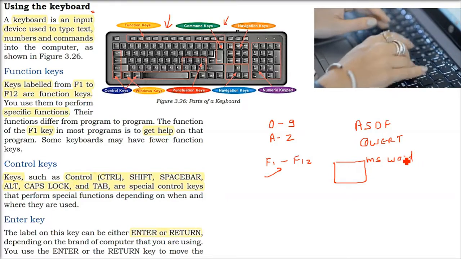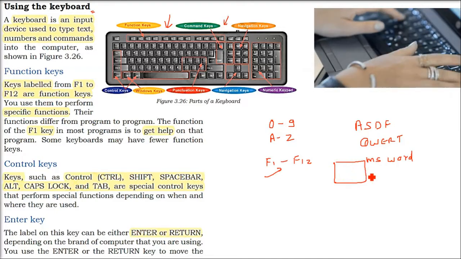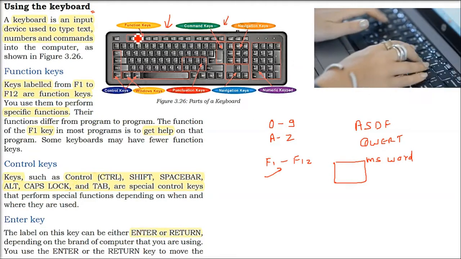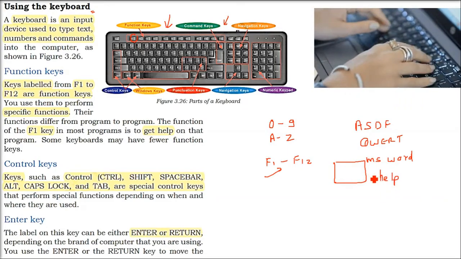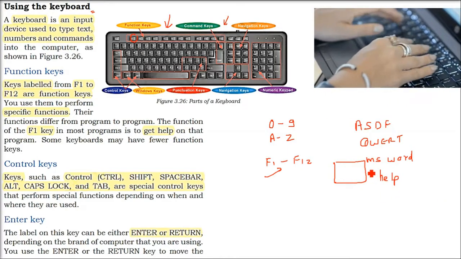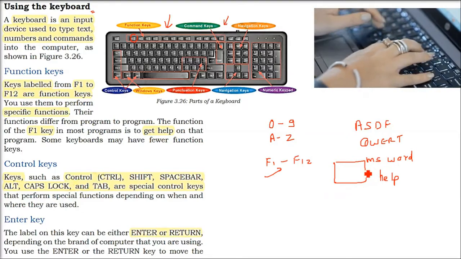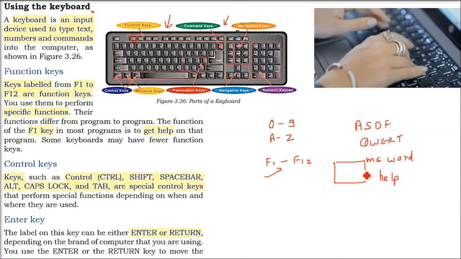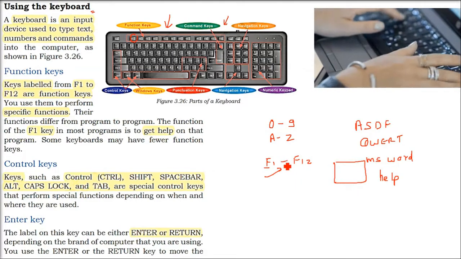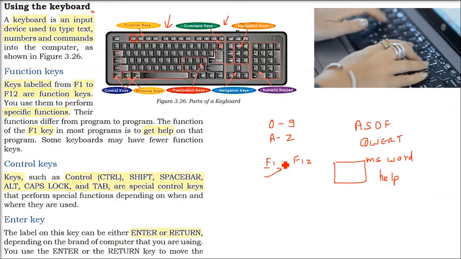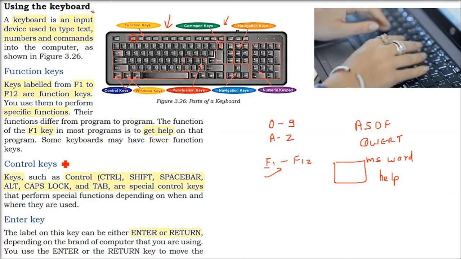For example, you take any program, normally say MS Word, and you press the F1 key. This F1 key pressing will give you the help document. So this F1 is normally used for invoking the help file of the application. Normally F1 is help, but in certain programs it may be for some other purpose.